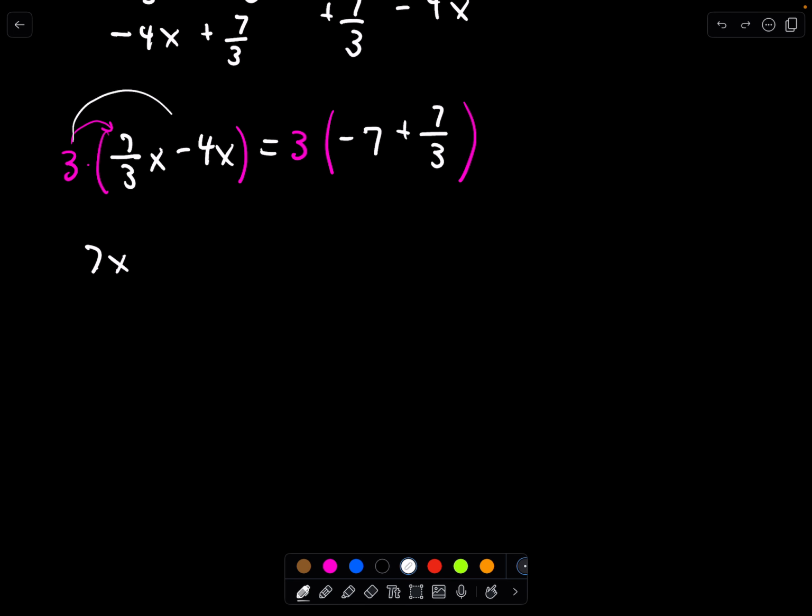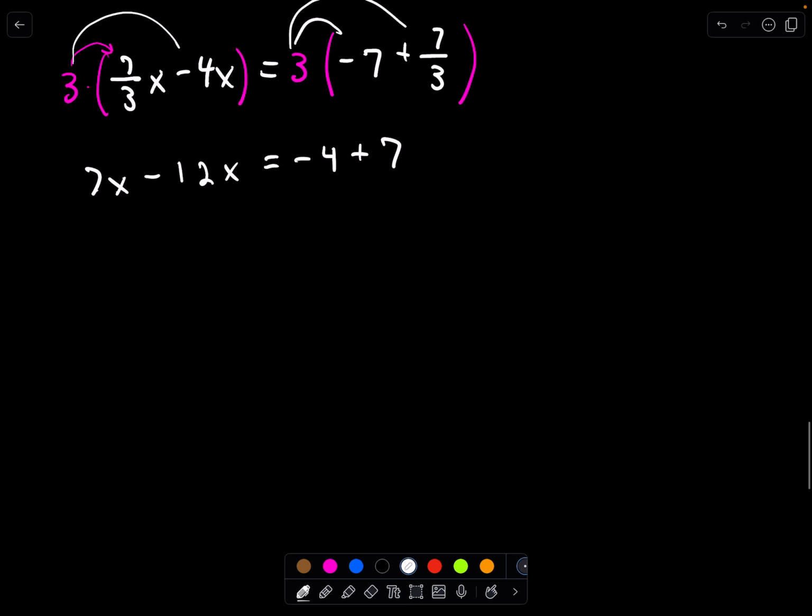And that's going to be negative 12x. And then on the right side, 3 times negative 7, that's negative 21. The 3 times the positive 7 over 3 will just leave me with positive 7. We're getting close. On the left side, 7x minus 12x is negative 5x. On the right, negative 21 plus 7 is positive 3.